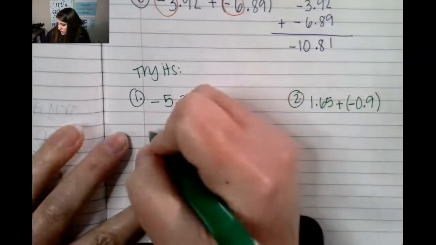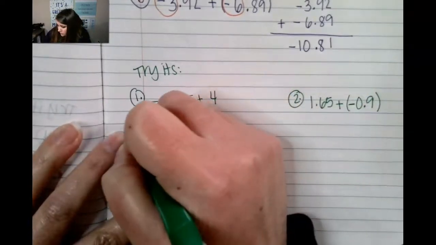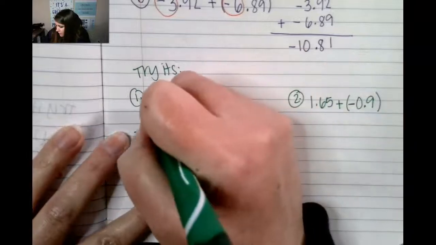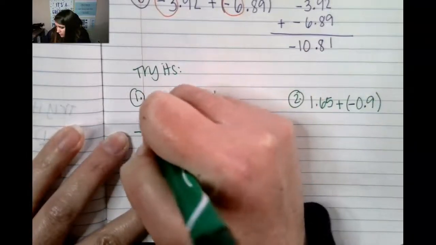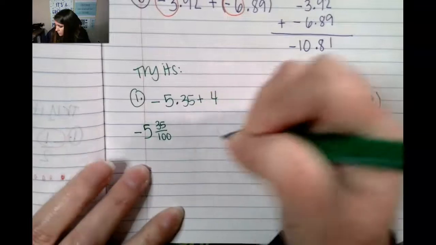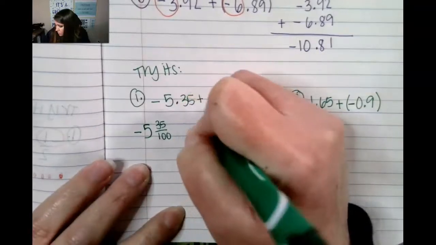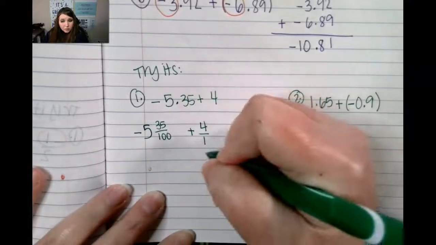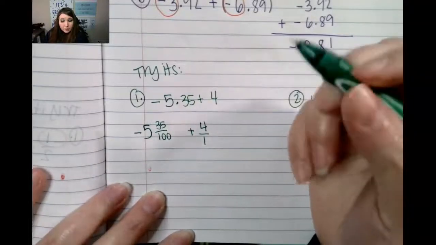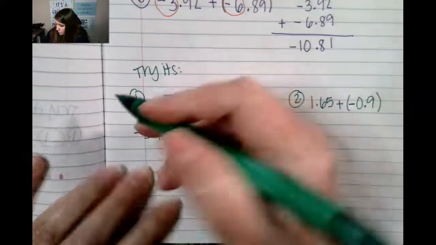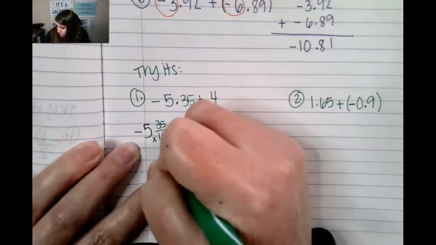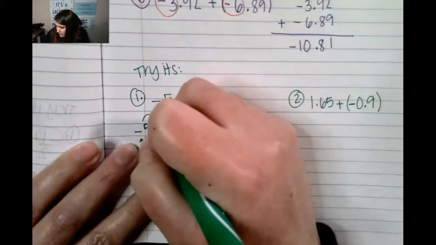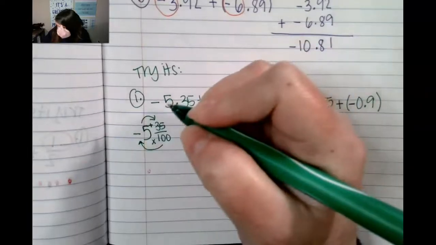Okay, so let's go ahead and start with a fraction, -5 35/100ths. And I have +4/1. Because 4 wholes, I just put it over 1, and then I can go from there. Now we're going to multiply and add. So multiply here, and then add to make an improper fraction.